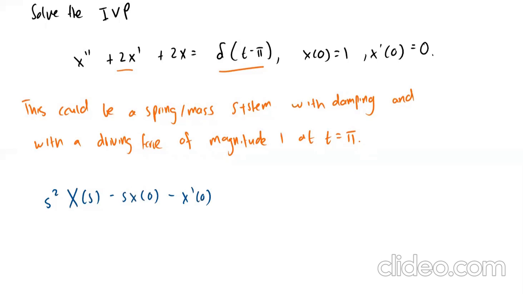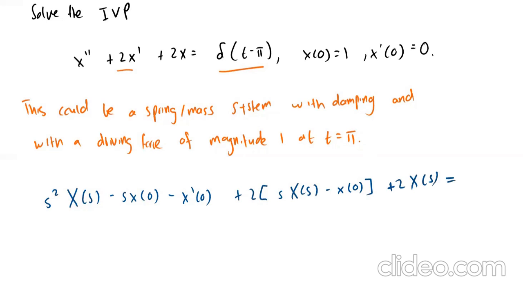That's just the first term. Plus 2 times the Laplace transform of x prime, which is s times X of s minus x of 0. Notice that I'm distinguishing between capital X and small x. Plus 2 big X of s.